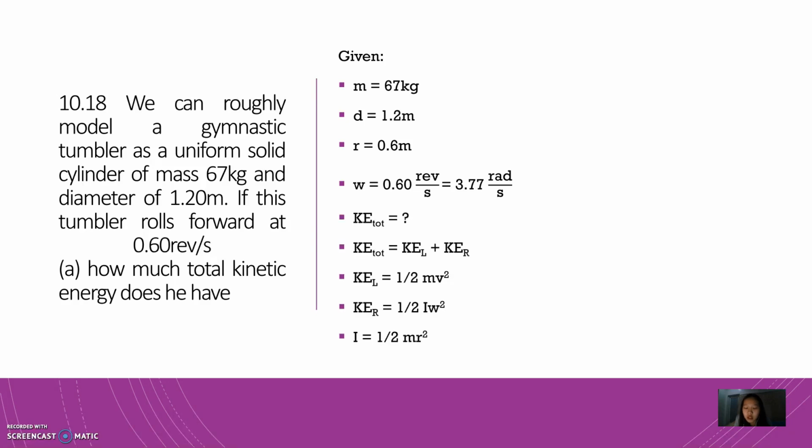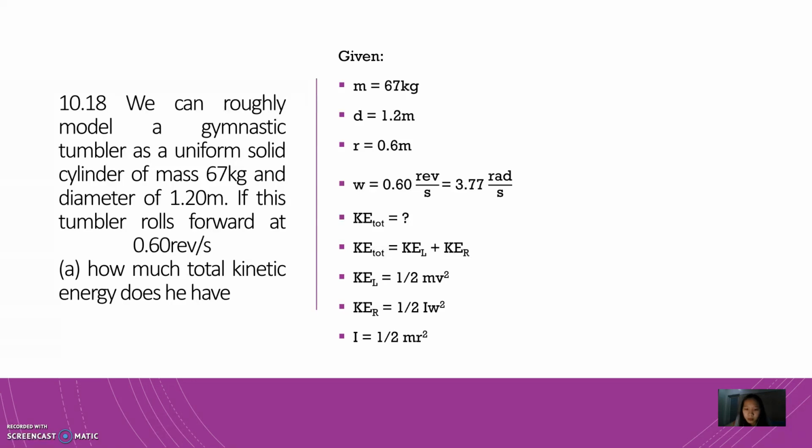We're looking for its total kinetic energy. The total kinetic energy would be linear kinetic energy plus rotational kinetic energy. Our formula for linear kinetic energy would be 1/2 mv squared, and your rotational kinetic energy would be 1/2 I omega squared.